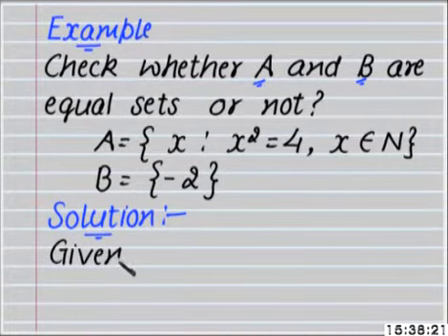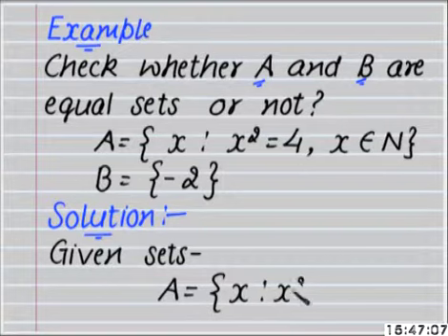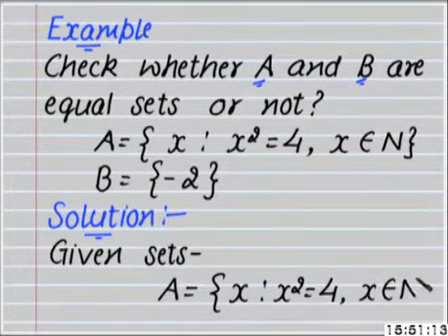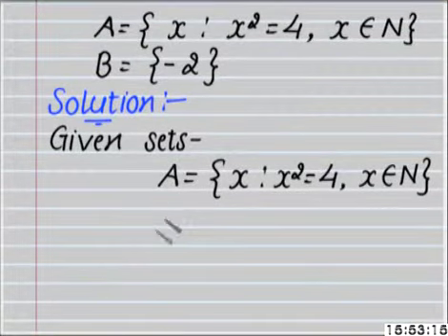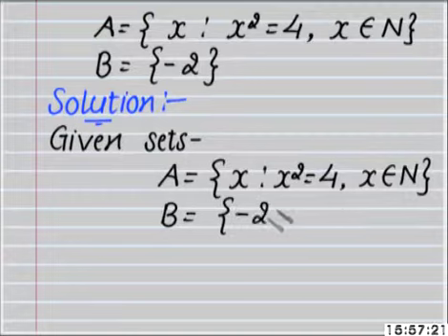Here the given sets are set A, which is the set of all x such that x square is equal to 4 where x is a natural number, and B is a singleton set containing element minus 2.